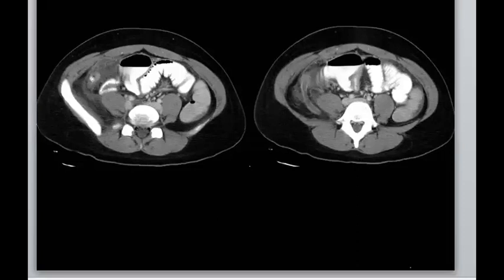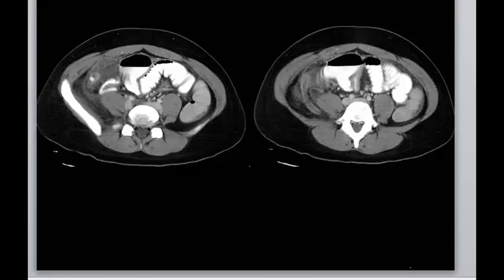So search for appendicitis and search for the fecalith, yes, the calcified appendicolith, like this one. This is appendicitis.